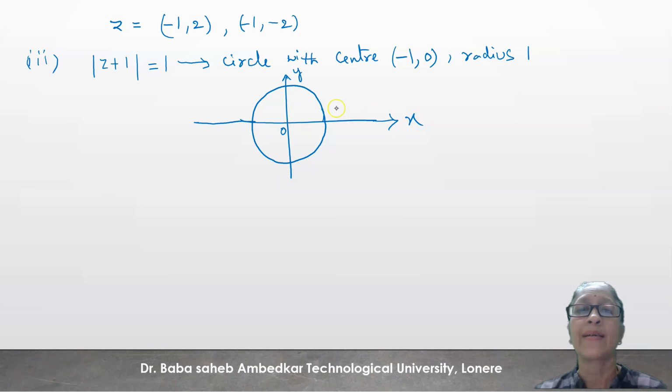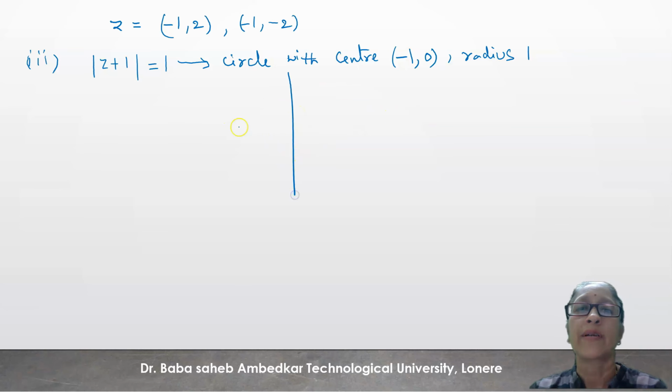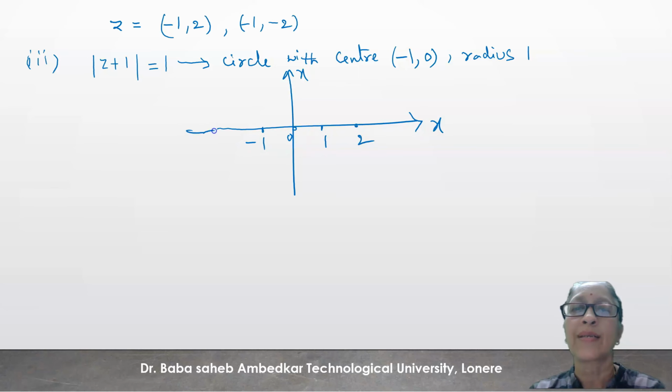After drawing the real axis and imaginary axis, this is 0, this is minus 1, here plus 1, plus 2, and so on. So the center is minus 1, 0. That means this is the center. And the radius is 1. So the circle will be like this.